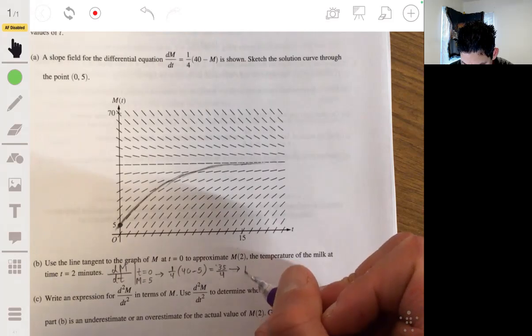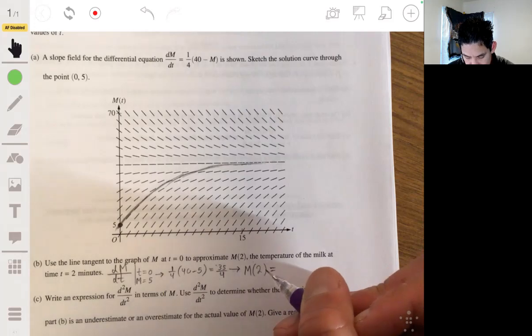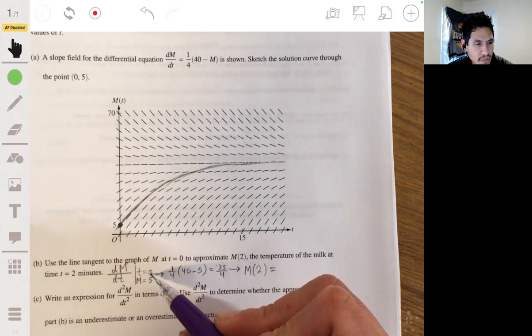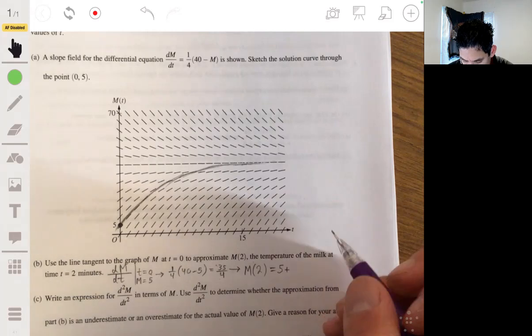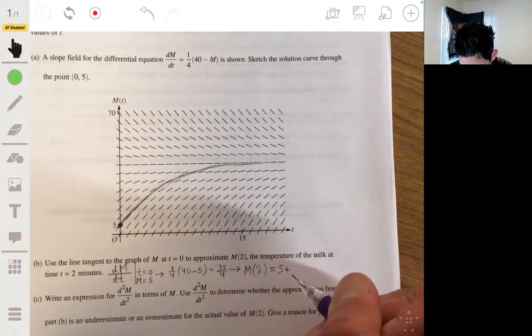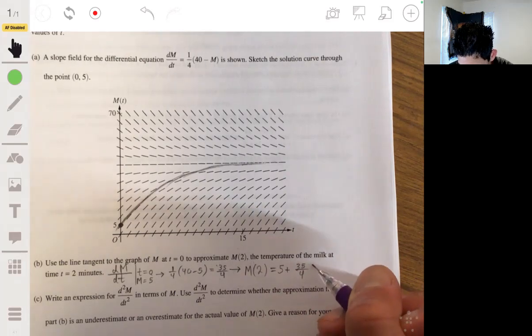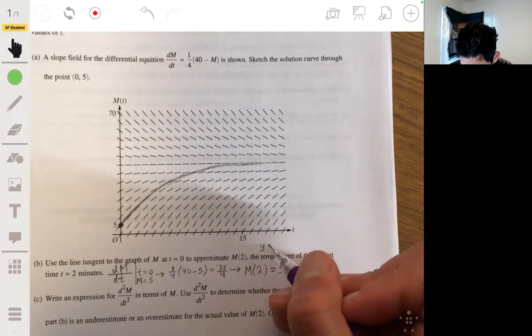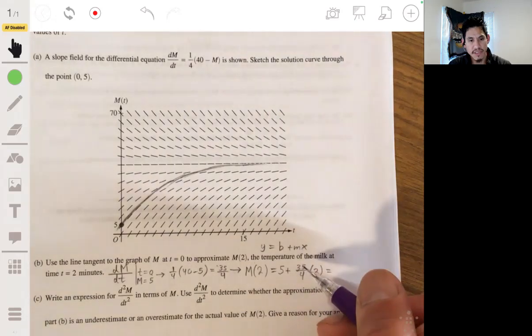So M of 2, or again, your y value when t is 2, is equal to your y-intercept, 5, plus your slope, which is this, times t, or 2. So again, just think of this as y equals b plus mx. It's just a linear equation.